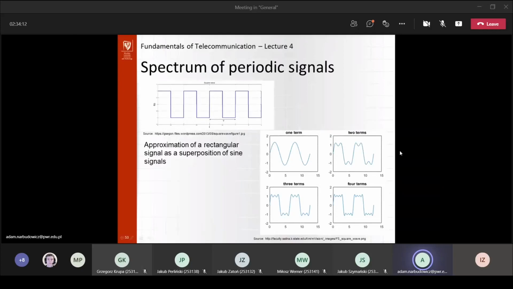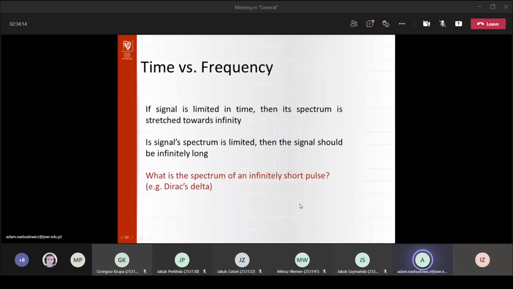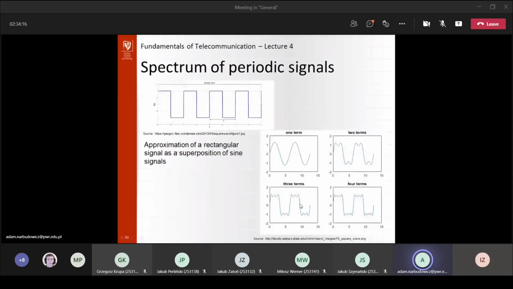So what do we do next? Well, we add the third sine. Over here, you can see more and more resemblance to the desired function of the periodic signal that we have here. Then we add the fourth, and we are approaching closer and closer to the rectangular function.